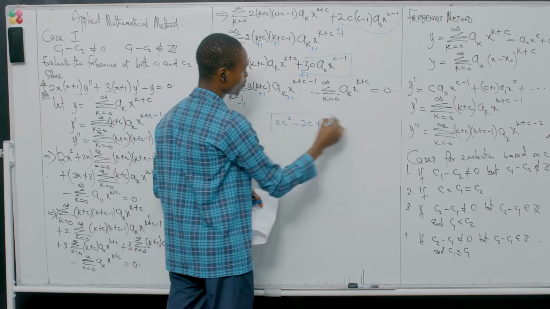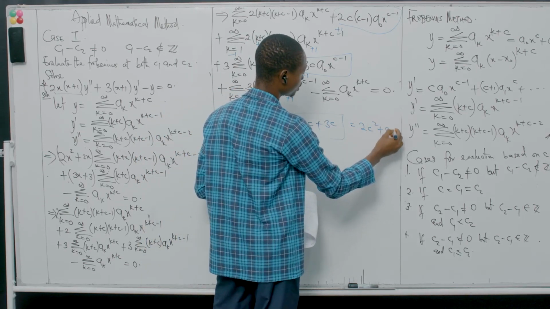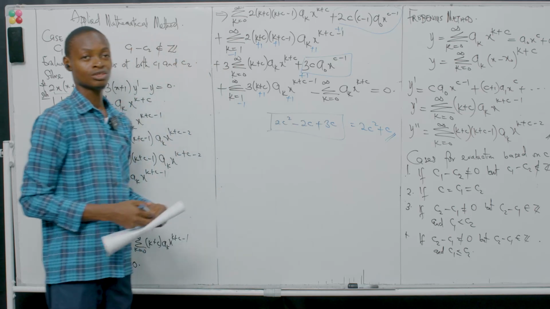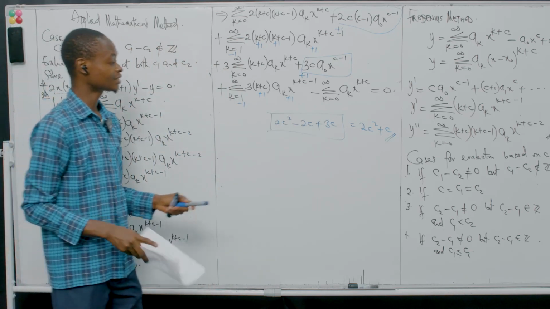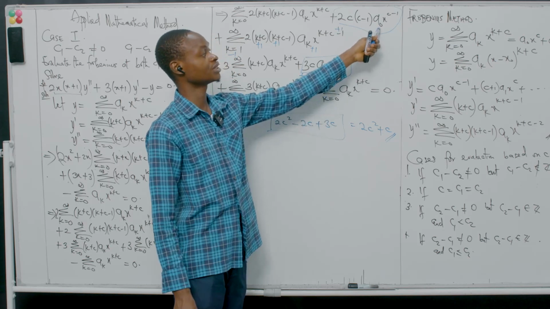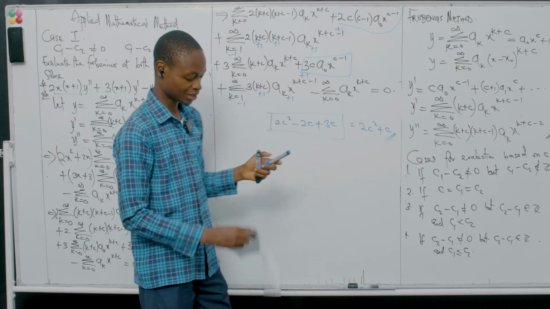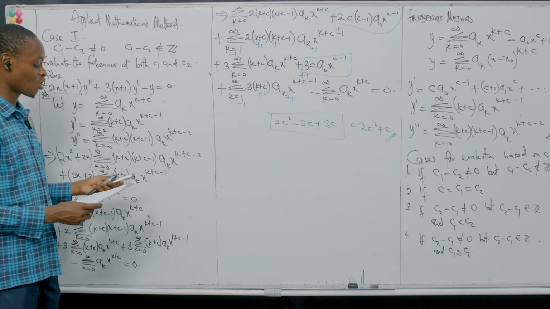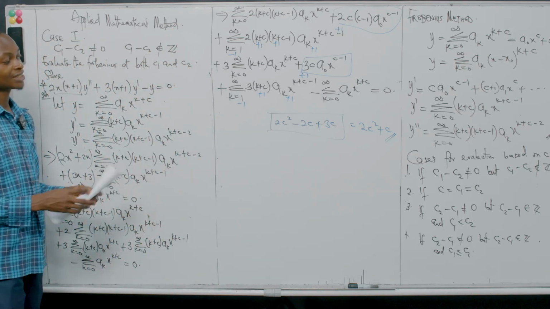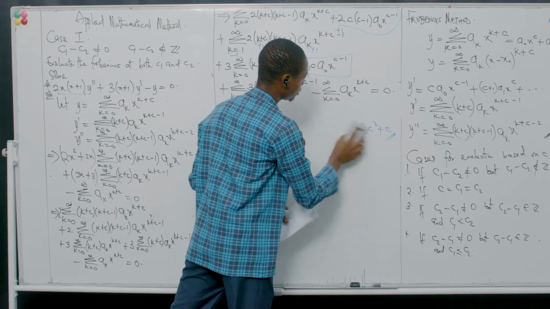By the time you bring them all together, what will we have? 2c squared plus c. 2c squared plus c. Right? So the reason why we can bring them together is because of what this coefficient is. This is a naught x to the power c minus 1. This is also a naught x to the power c minus 1. So bringing them all together in that form has absolutely no offense. And that's exactly what I'm going to do in the next step.